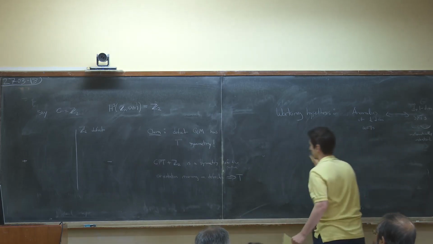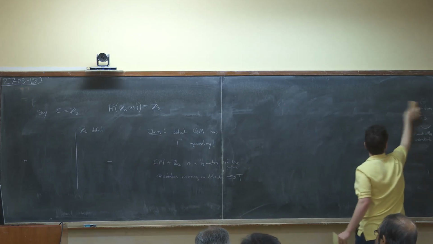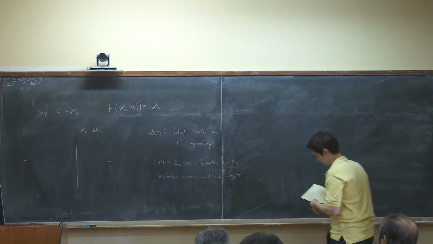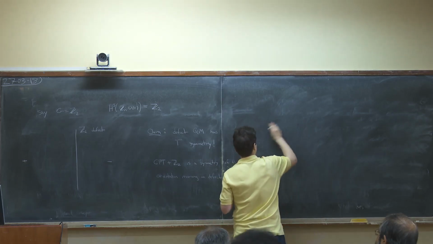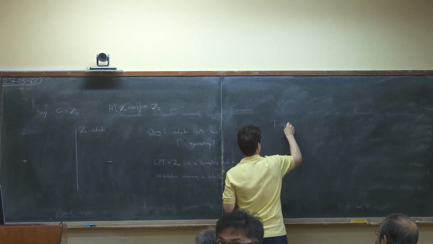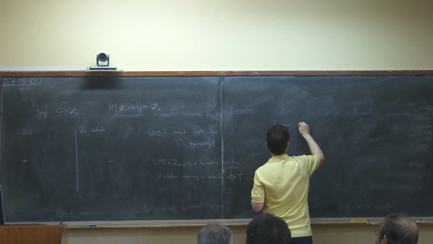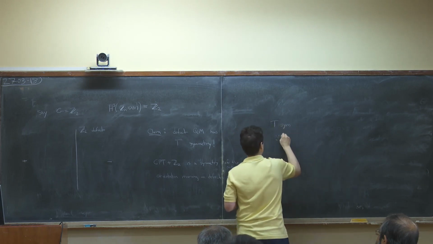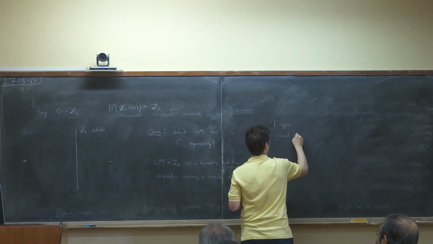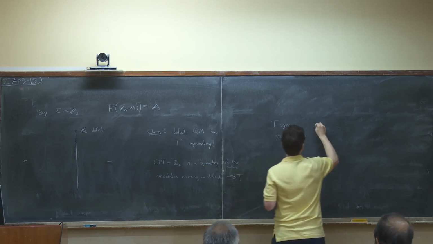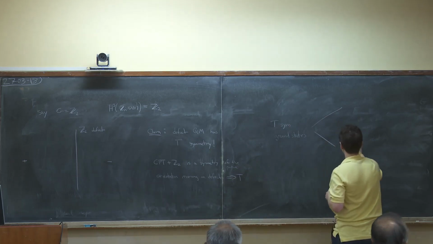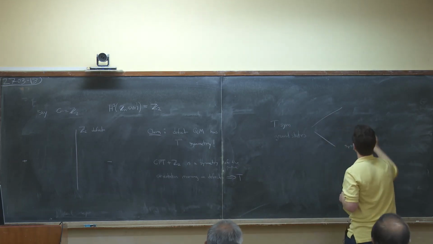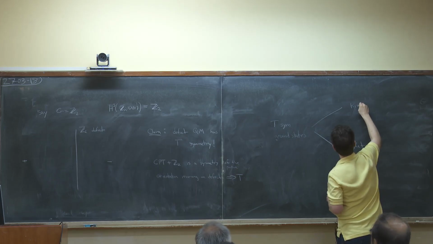Now if we have time reversal symmetry, we can look at the ground states. And these can either be one of two things. They can either be a singlet under T, or they can be Kramer's doublet.